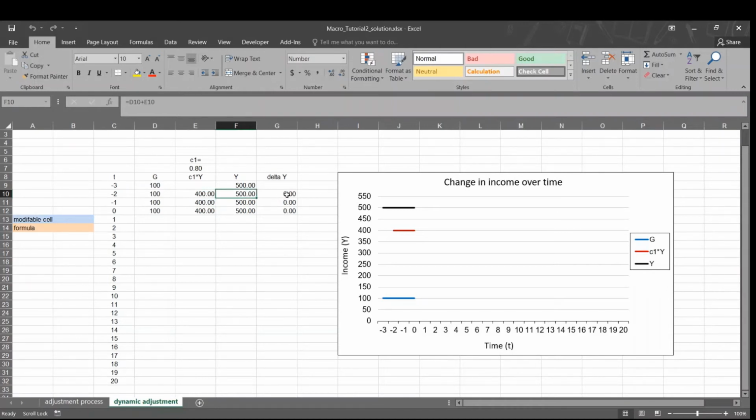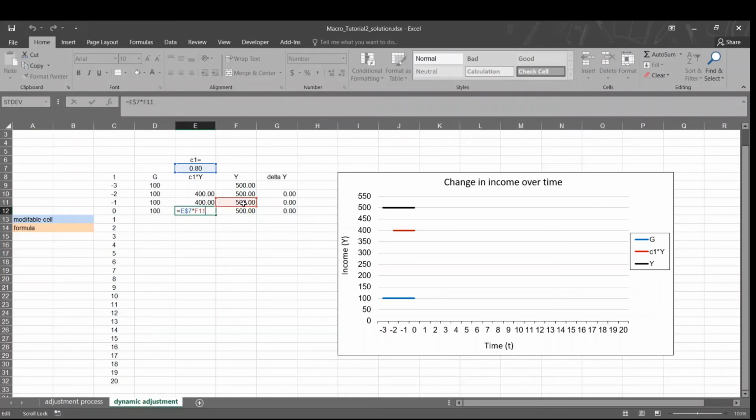So if we have an income level of 500 at t minus 2, we would move on to t minus 1, which again makes a calculation of income multiplied by marginal propensity to consume 0.8, giving us 400, 400 plus government expenditure 100, giving us still an income of 500. So at t0, we would still make the same calculation. Income at the previous period was 500.